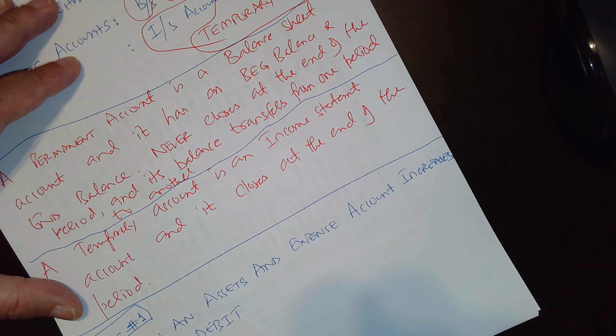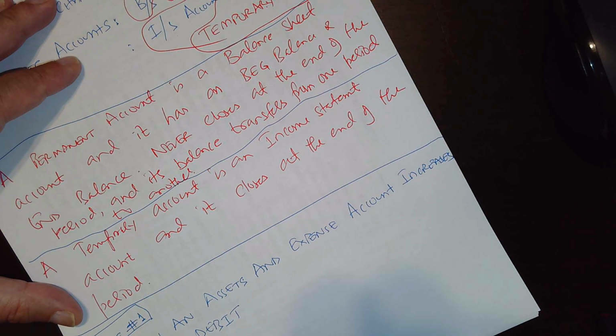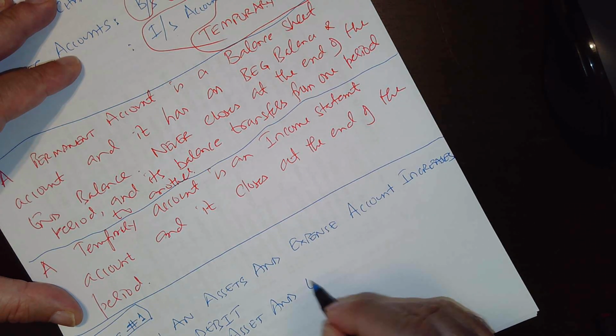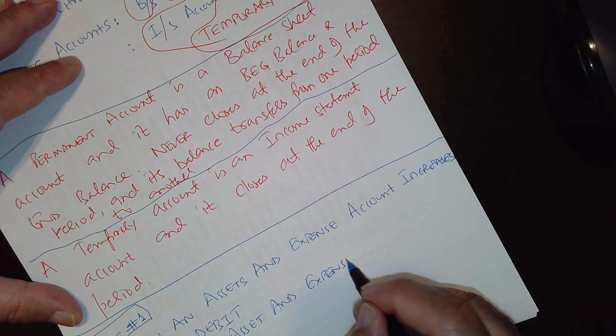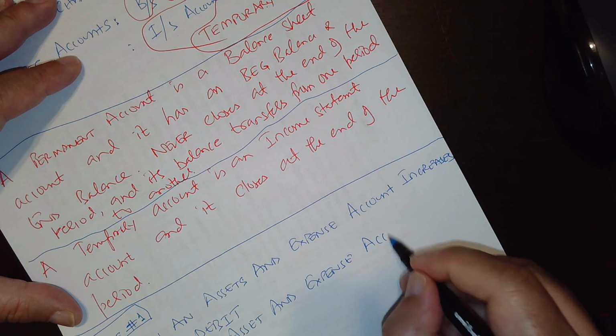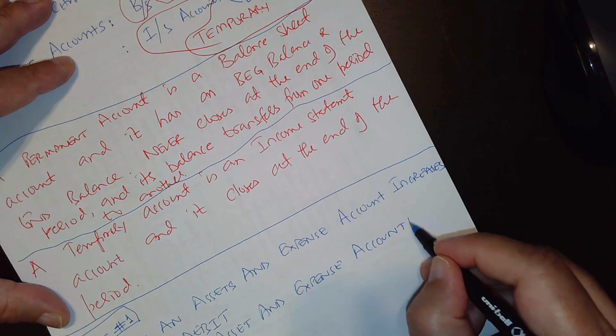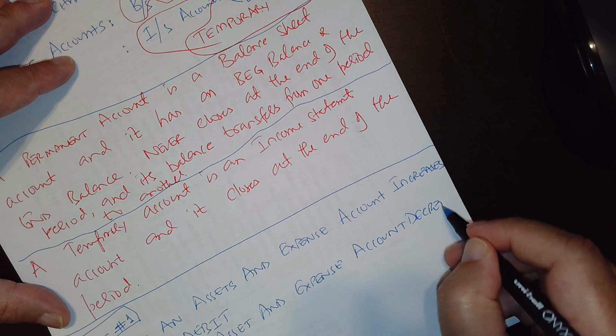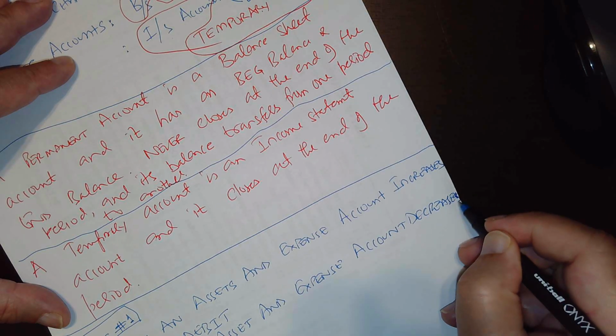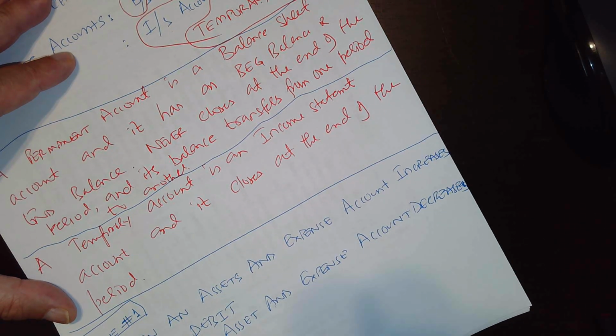The second, when an asset and expense account decreases, we credit.